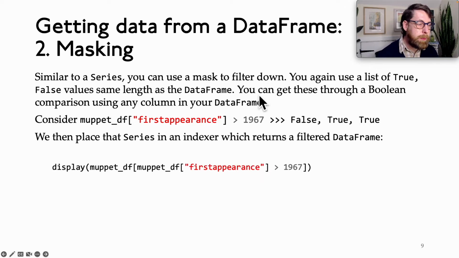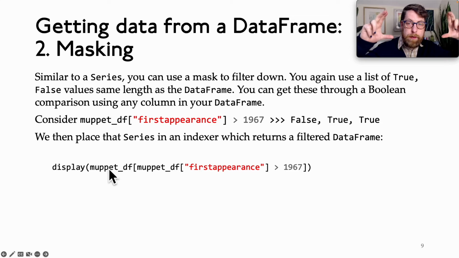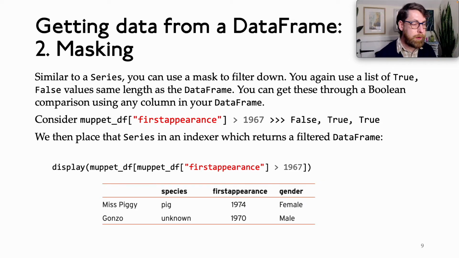But then when we put that series back in, like a mask, we can use that to mask down our data frame. So similarly, like right here, it'll just show the Muppets where their first appearance was greater than 1967, like so.